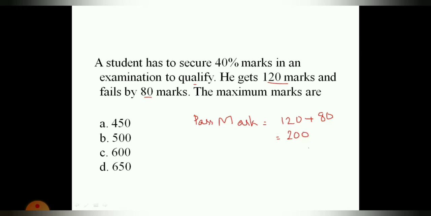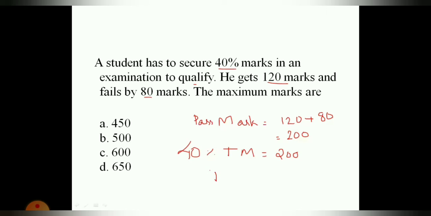Yes, 200 marks is 40%. Pass mark is 40% of the total marks. So 40% of total marks is equal to pass mark, which is equal to 200. We got it from the given data. So 40% of total marks, TM means total marks, is equal to 200. So what is total marks?